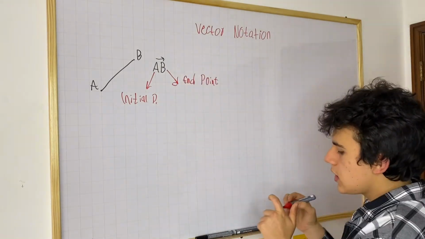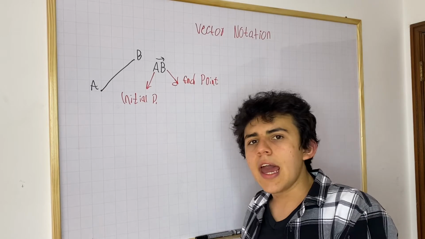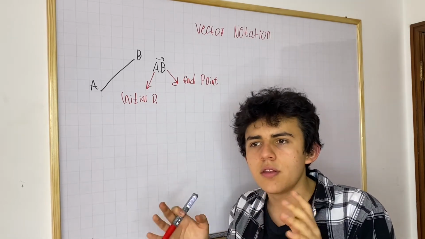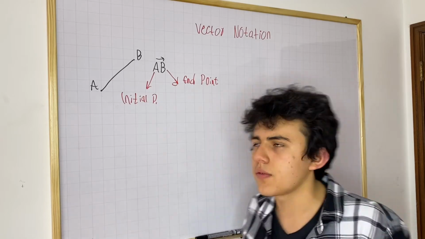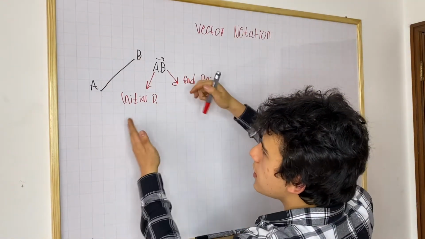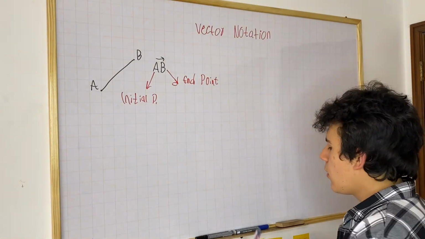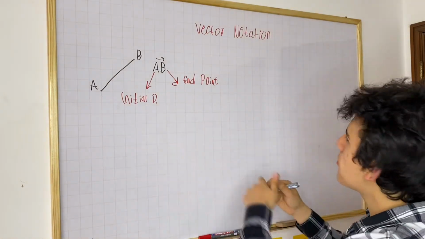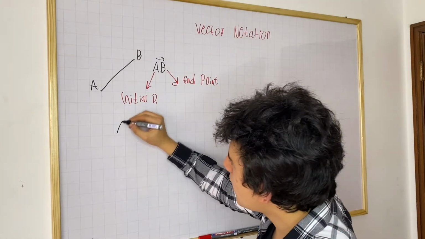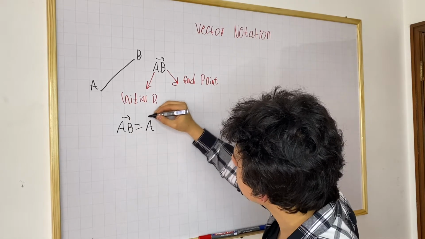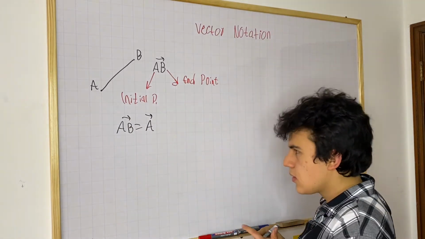And the arrow on top is simply saying that AB is a vector, or those are the elements of a vector, the 2 points between which that vector is expressing itself. Another notation that is absolutely the same as this AB arrow is if we said A with an arrow.